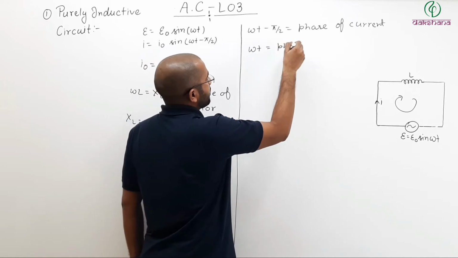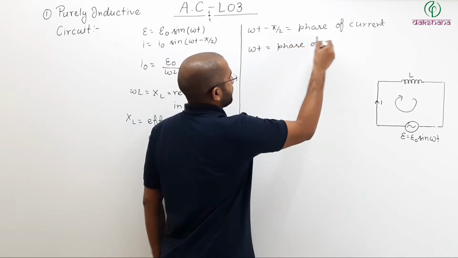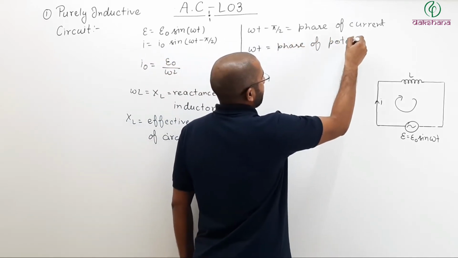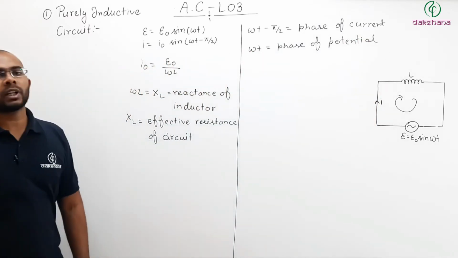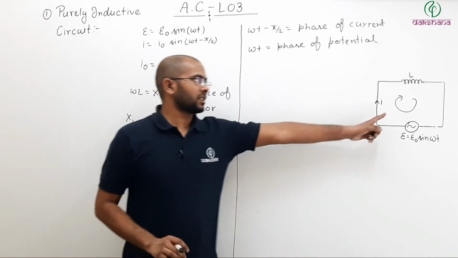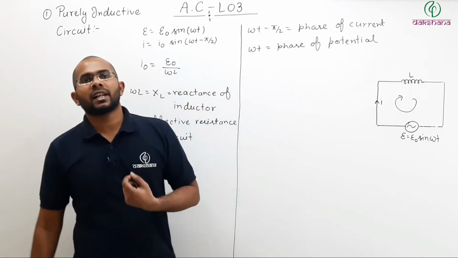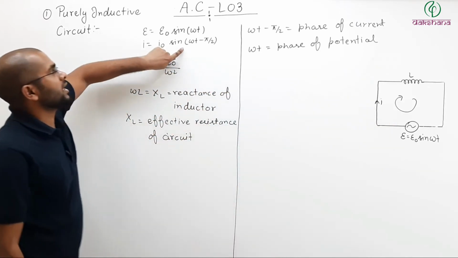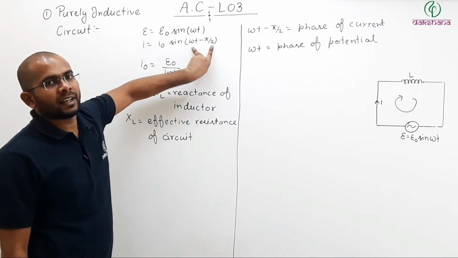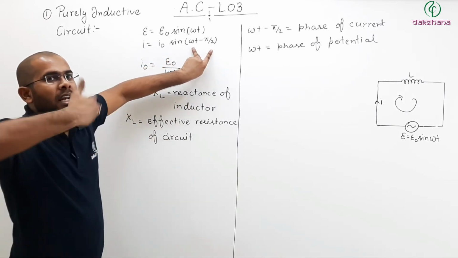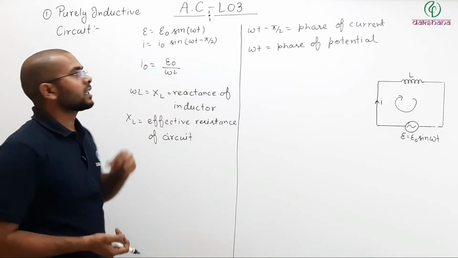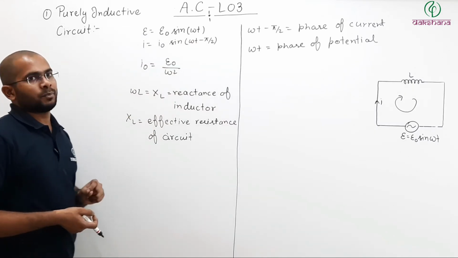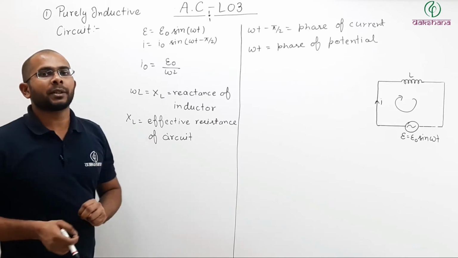Omega t is the phase of potential. So in a purely inductive circuit like this, the phase of current is pi by 2 less than the phase of your potential. So you will say current lags the potential by pi by 2 angle.